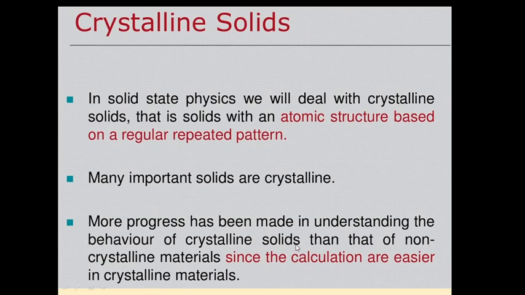We have also observed that compared to amorphous as well as polycrystalline, crystalline materials are well studied and well explained, because their atoms and molecules are very ordered, and calculations for such materials are easier.